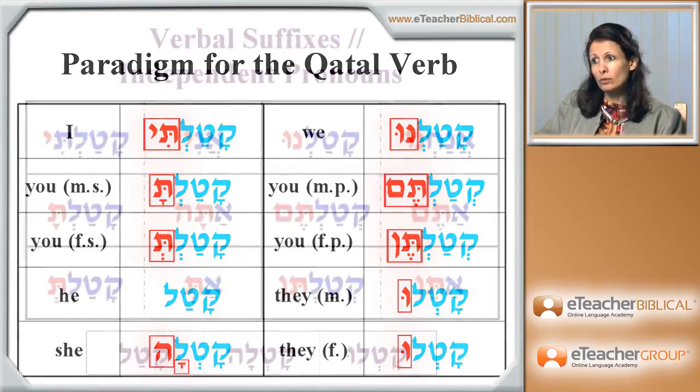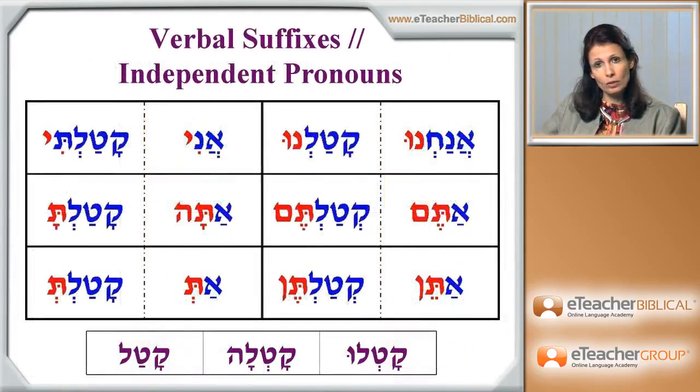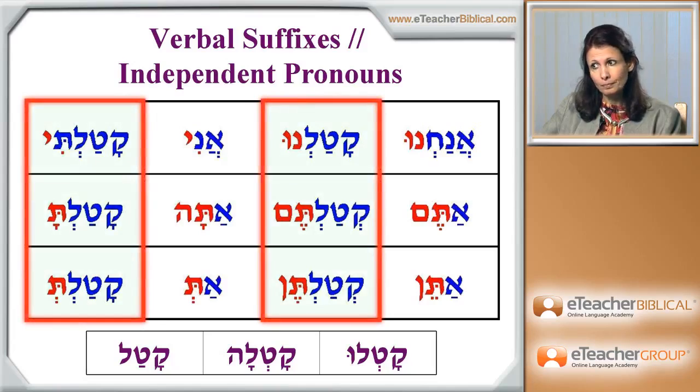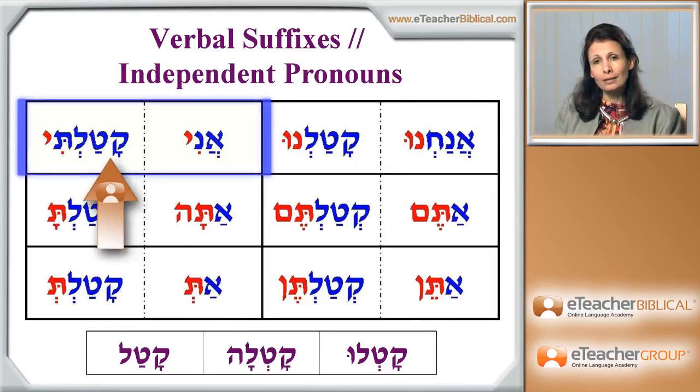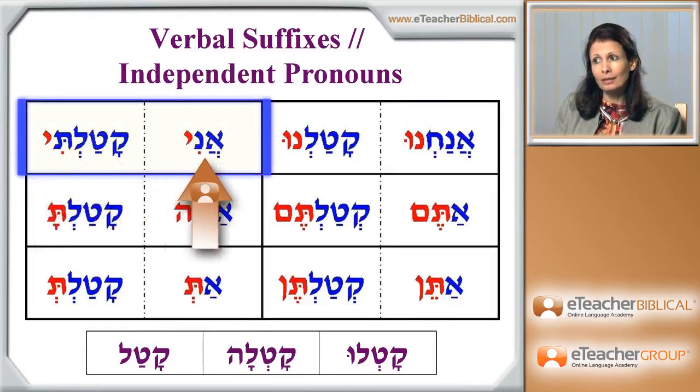Why is that again? Because let's go to the other chart, the chart that shows the correlation. Look how each or most of the forms are going to show the correlation between the verbal form and the pronoun. And you can also listen to the music. Katalti and ani.